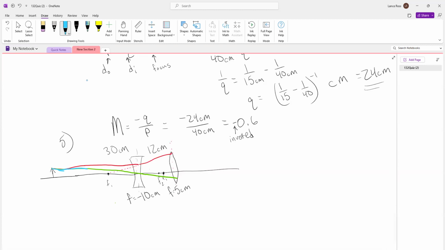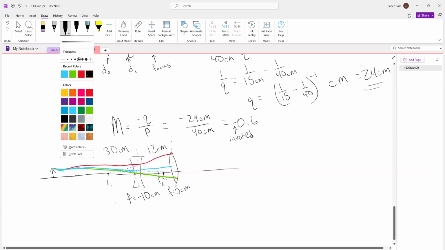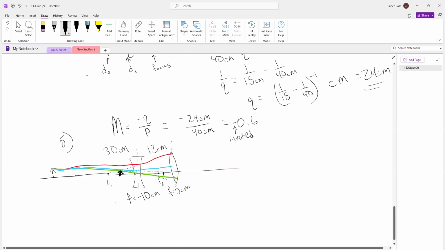But that means the focus on the far side, right? So heading toward this focus will come out parallel. And we trace that back to form a virtual image back here.